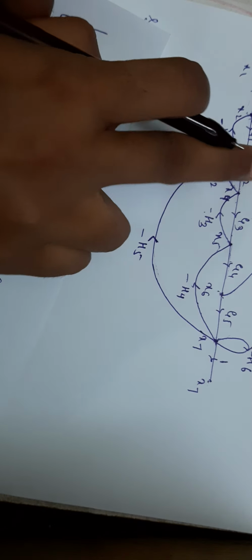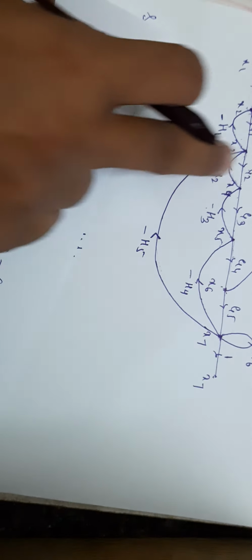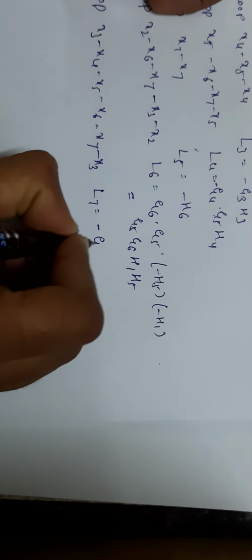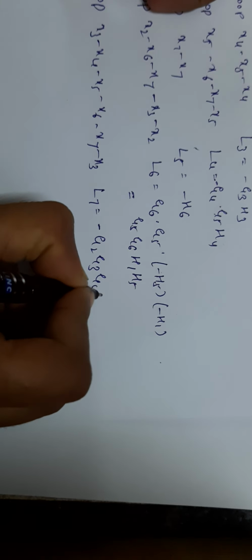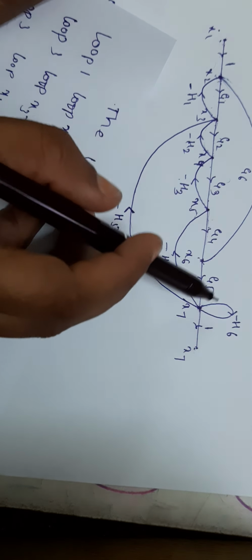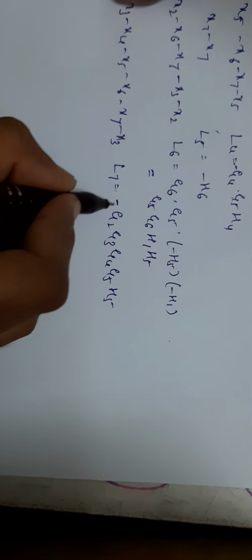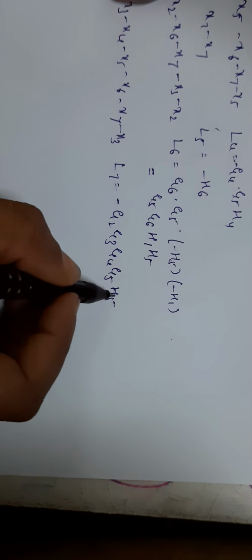That is L7 is equal to the product of gains: G3, G4, G5 into minus H5, that is minus G3 G4 G5 H5.